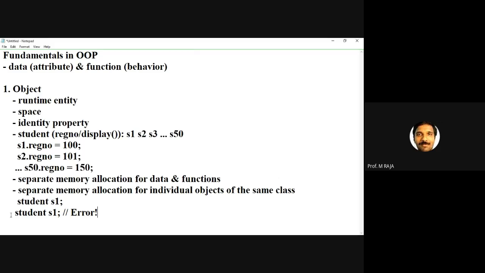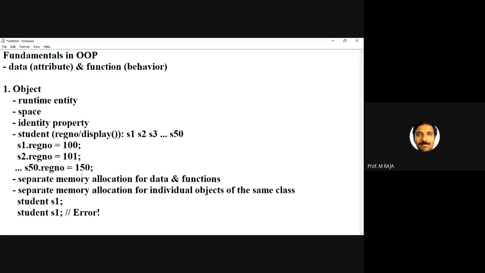So objects are simply user-defined entities or runtime entities. Objects occupy space in the system memory. For one class, we can create several objects. Assuming student is the class, we can create several objects for the single class.